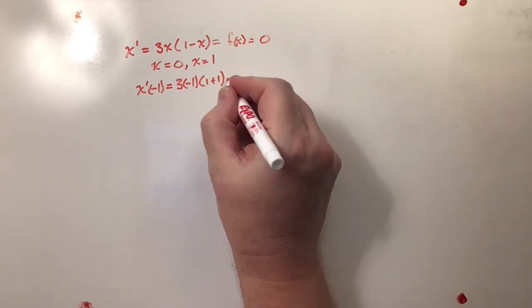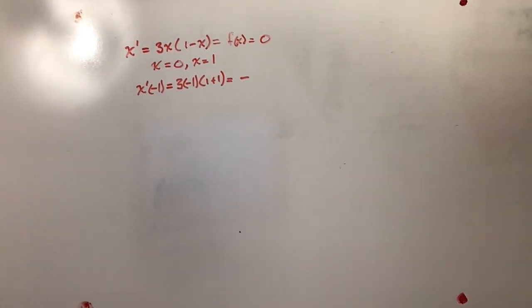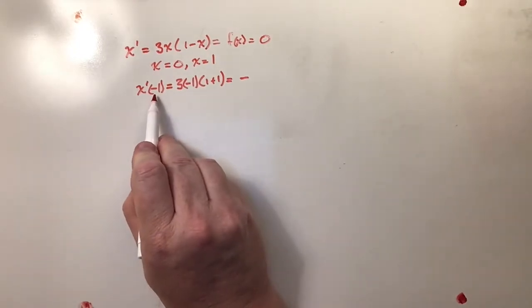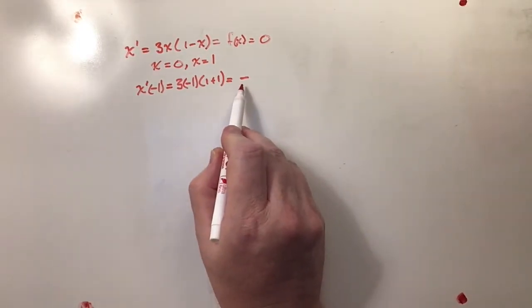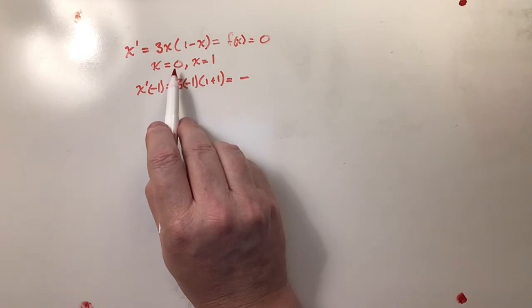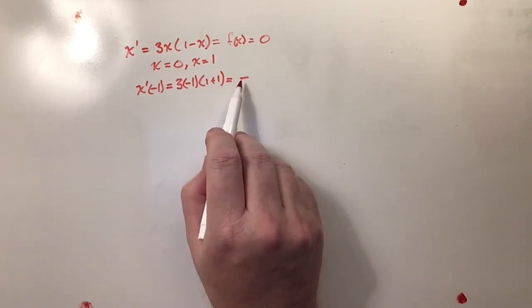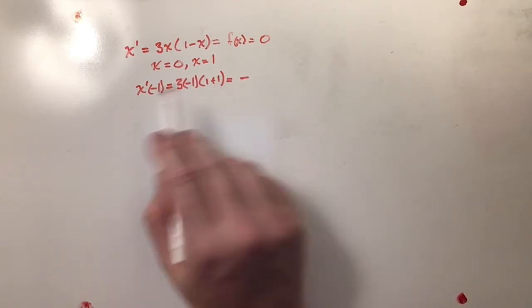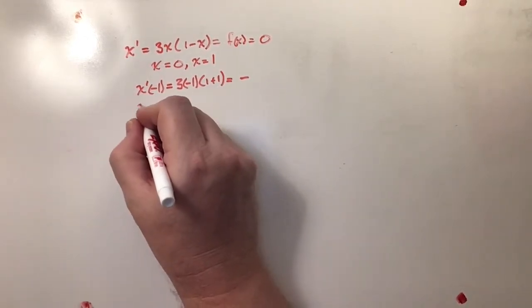So this is going to be a negative number. It doesn't matter what its magnitude is, it's going to be negative. So once again, when we're below 0, we're going to have a negative slope. And that means as we're approaching this critical point, we're trending away from it because we're below it and we have a negative slope. This looks like it's an unstable equilibrium point, but let's check the other side.